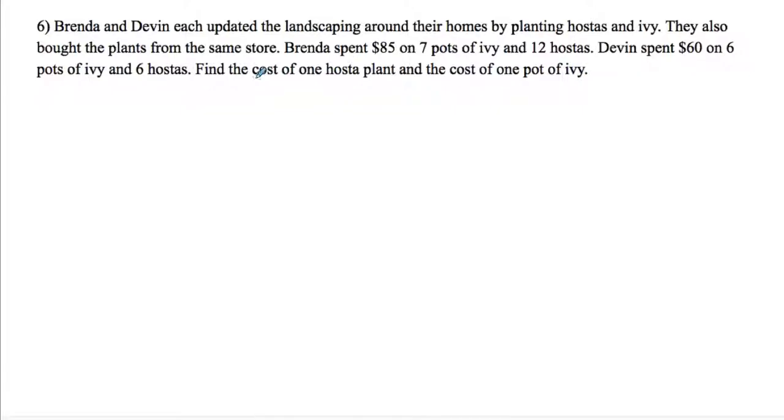Okay, so these are the things I'm looking for: the cost of 1 hosta plant. I'm going to define some variables here. My x variable is going to be the cost of a hosta plant, and my y variable is going to represent the cost of 1 pot of ivy.